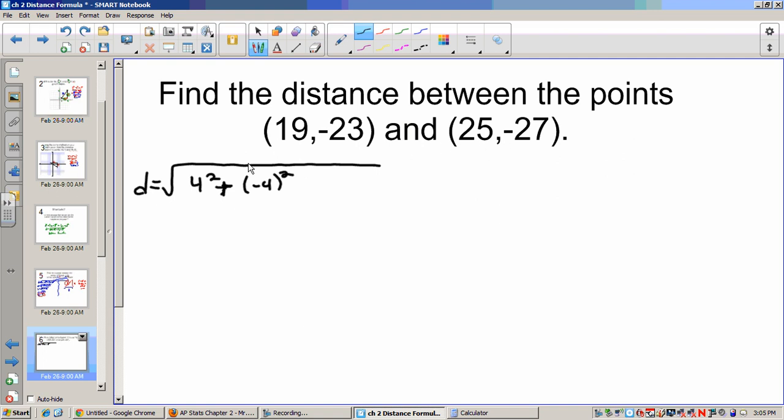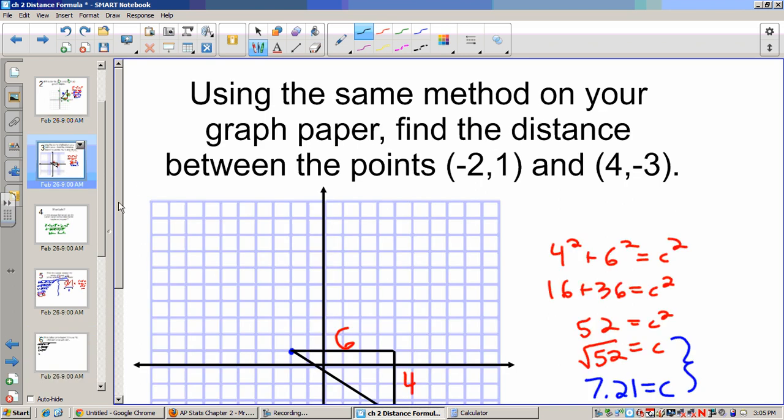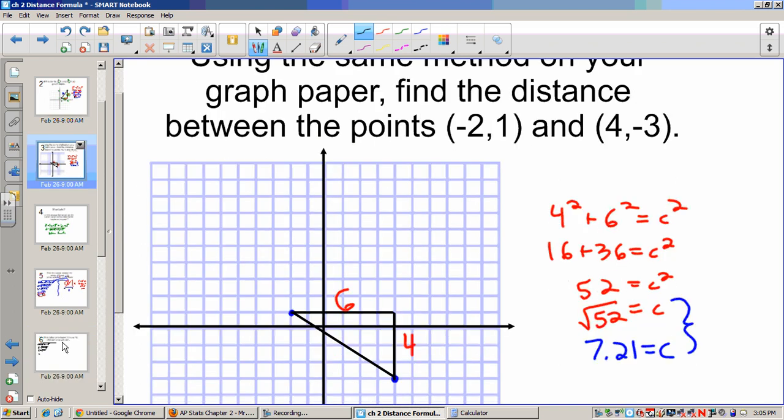Now I got 25 minus 16 to be 4. Hopefully you're screaming at the screen and saying that that's 6. All right, wonderful. So d is equal to the square root of 36 plus 16, which is again the square root of 52, which we found out up here is 7.21.